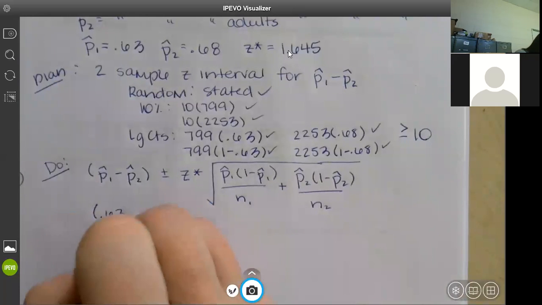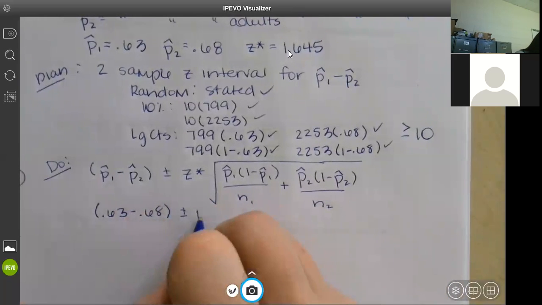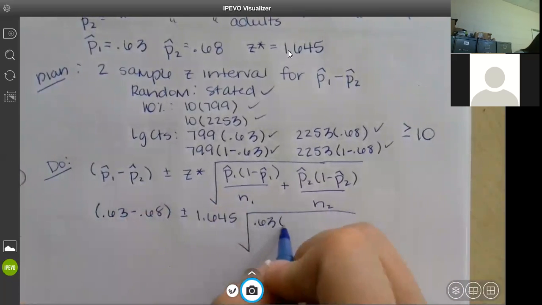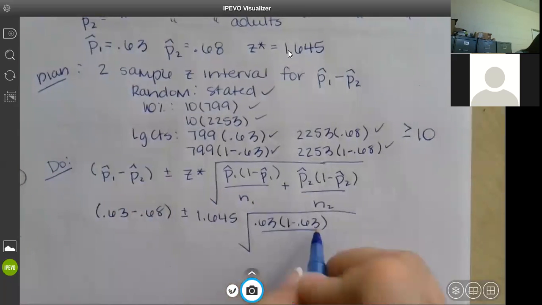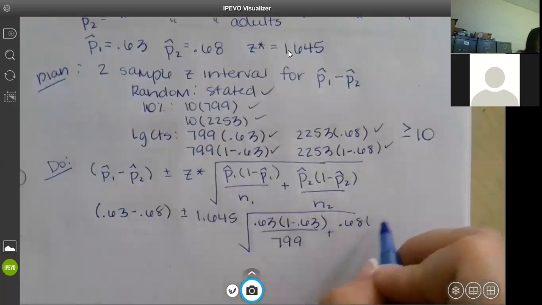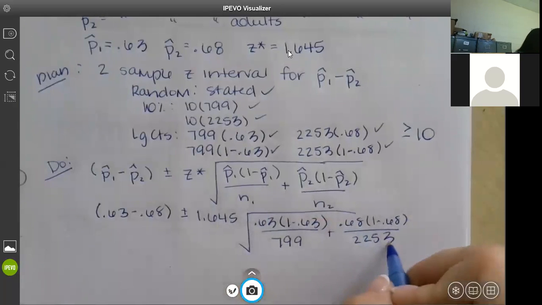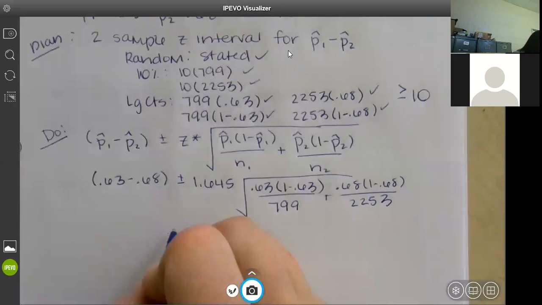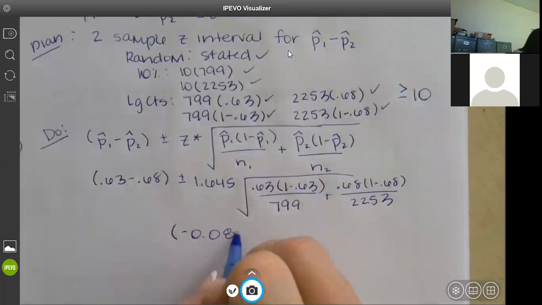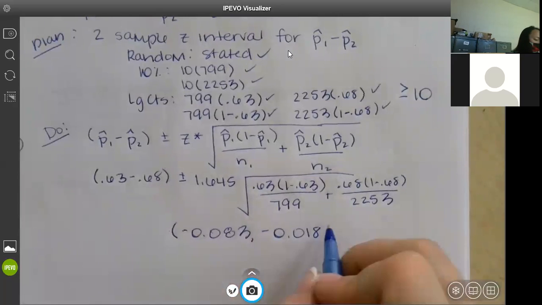P1 is 0.63 minus 0.68, plus or minus, we found our z star was 1.645, times the big fat square root of 0.63 times 1 minus 0.63 over n1, which was 799, plus 0.68 times 1 minus 0.68 over 2253. That gives you an interval of negative 0.083 to negative 0.018.